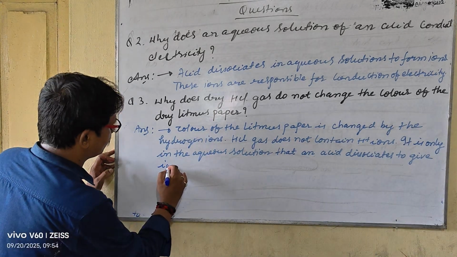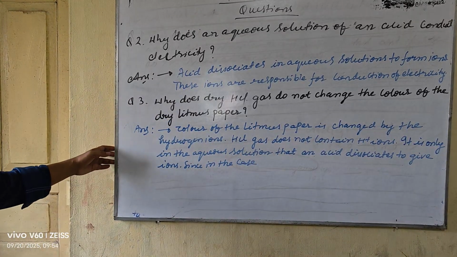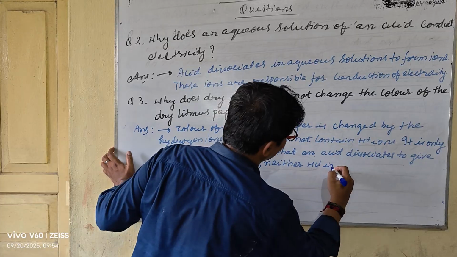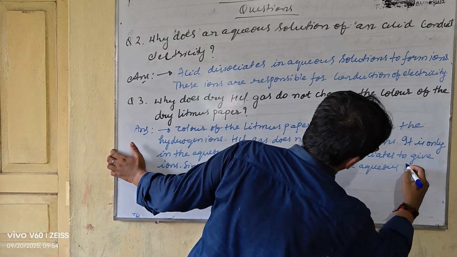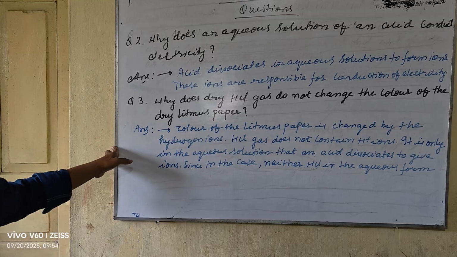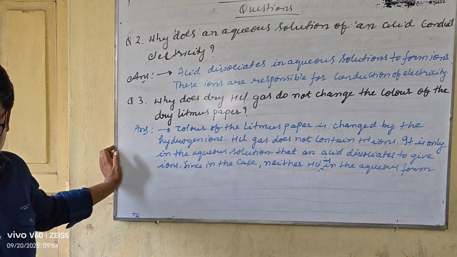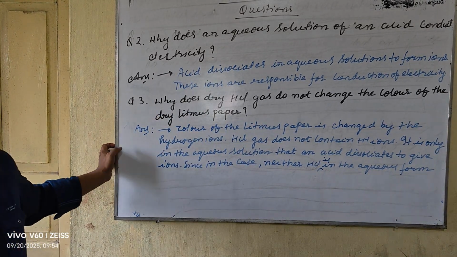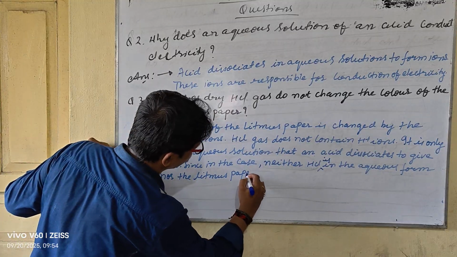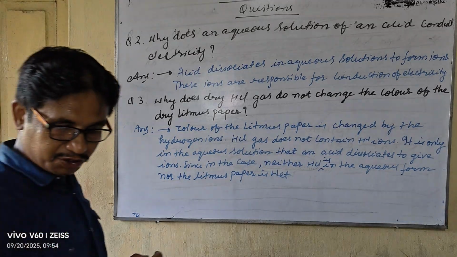Since in this case neither is HCl in the aqueous form, nor is the litmus paper wet, this is the main reason.